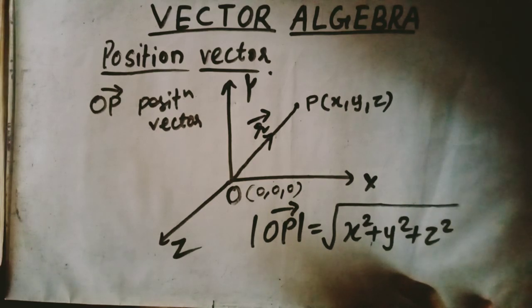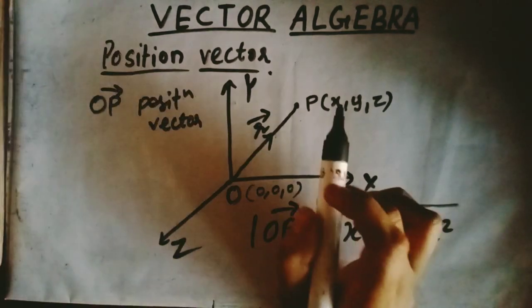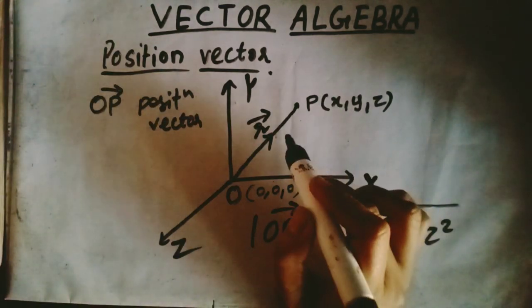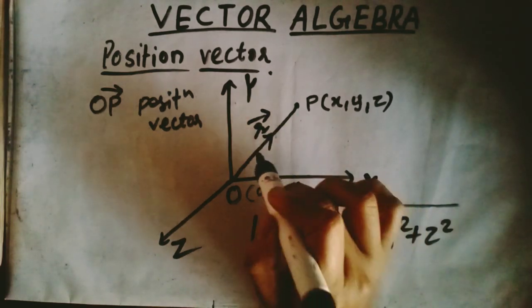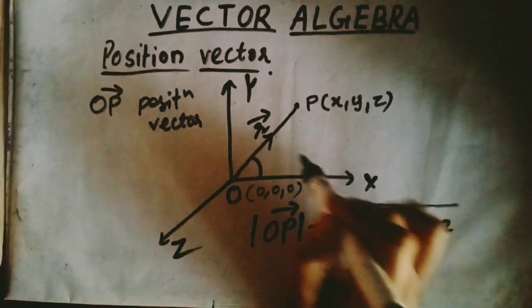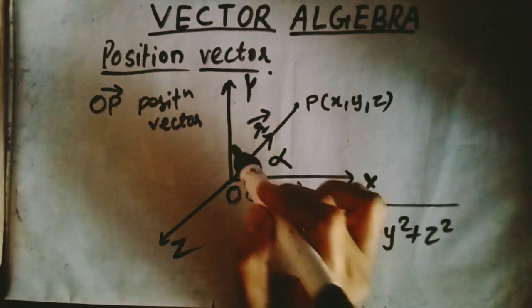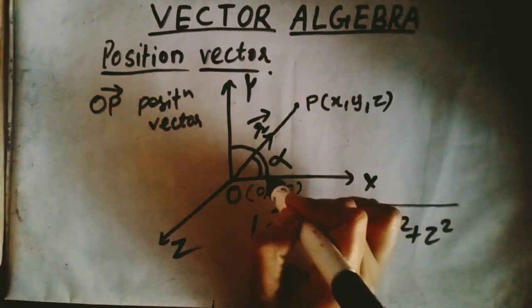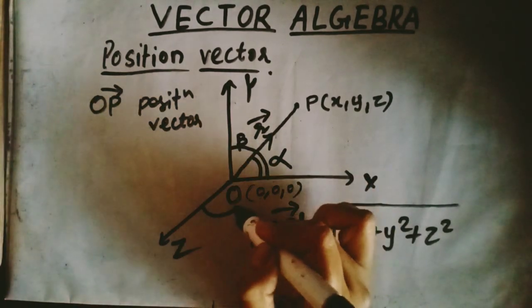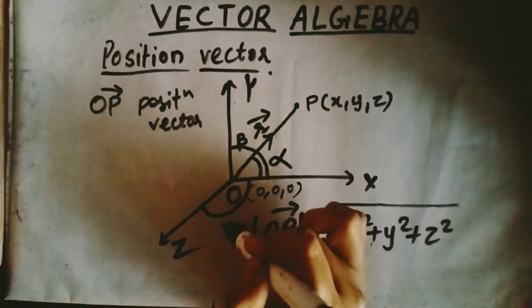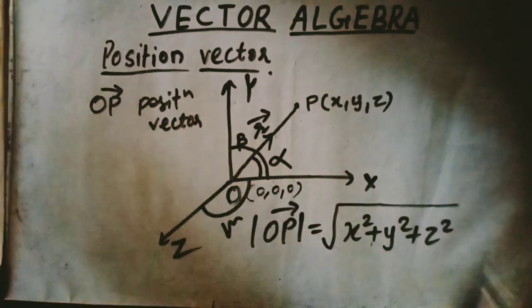Now this vector r makes angle alpha with the x-axis, angle beta with the y-axis, and angle gamma with the z-axis. All are positive.